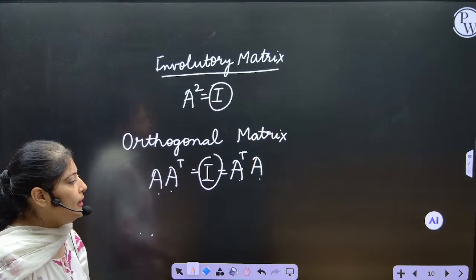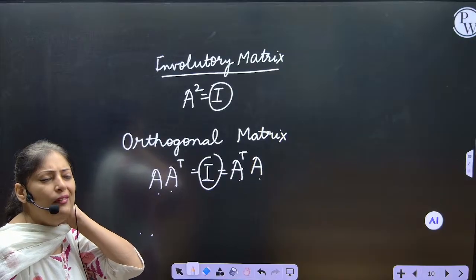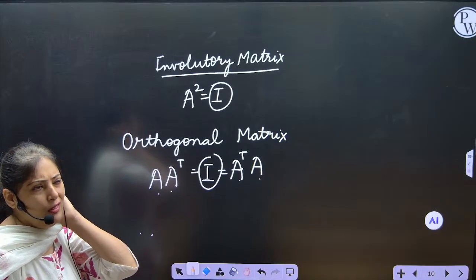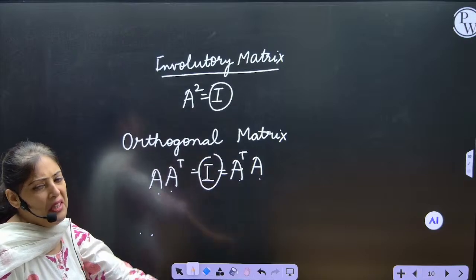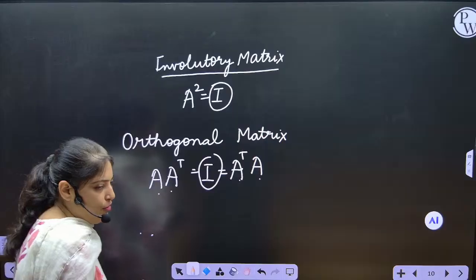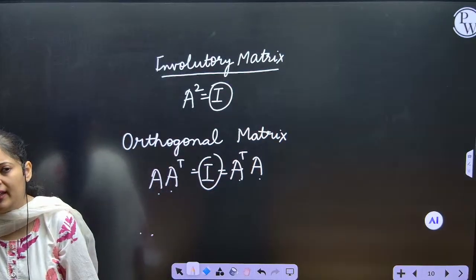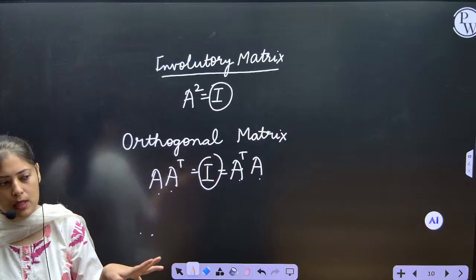So these are the things. They will not ask you directly what an orthogonal matrix is and you reply A transpose equals I. Everyone would get into IIT then. They will ask in some question, and then you have to use its properties.